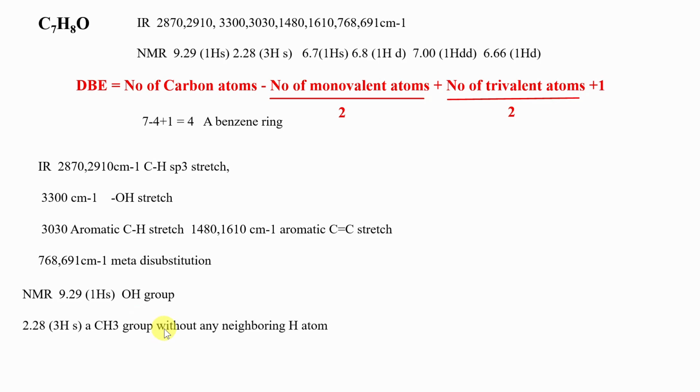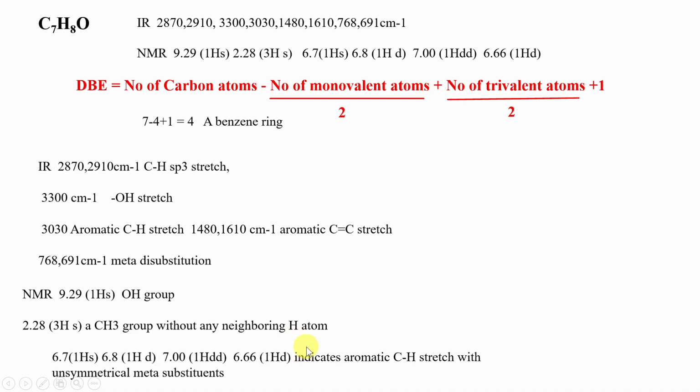Also 2.28 three hydrogen singlet is a CH3 group without any neighboring hydrogen atom. 6.7 one hydrogen singlet, 6.8 one hydrogen doublet, 7.00 one hydrogen doublet of doublet, 6.66 one hydrogen doublet, all these indicate aromatic carbon hydrogens with unsymmetrical meta substituents. The meta substituents are unsymmetrical.